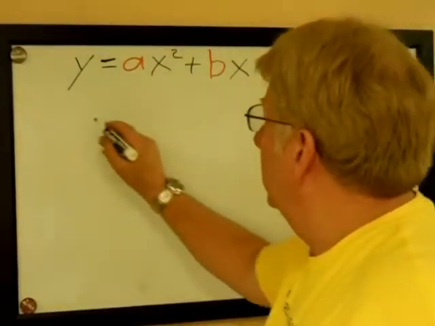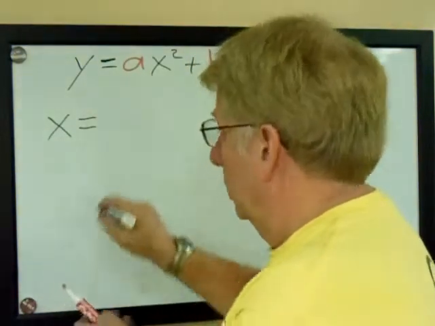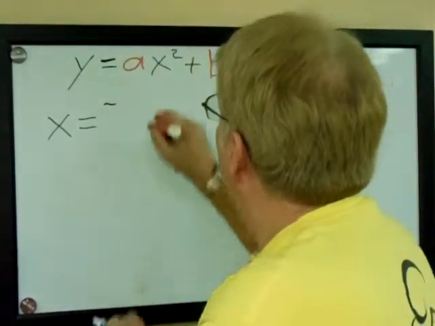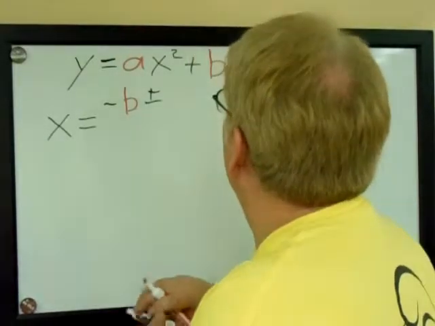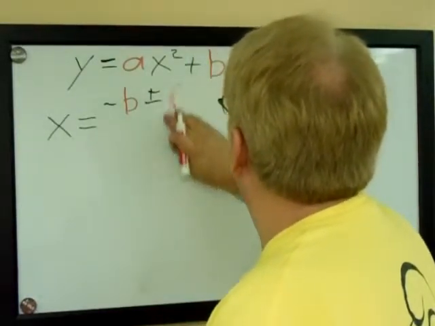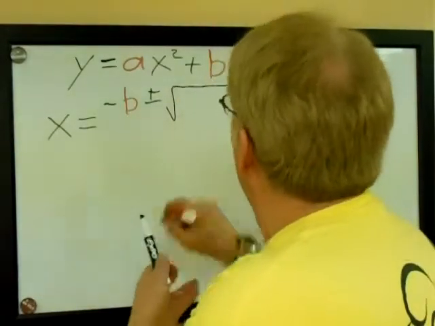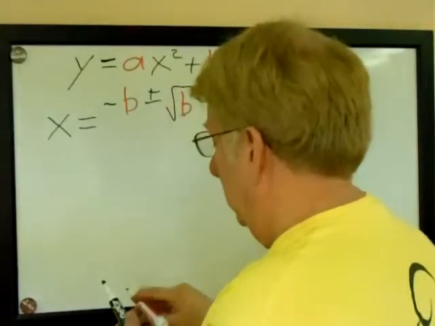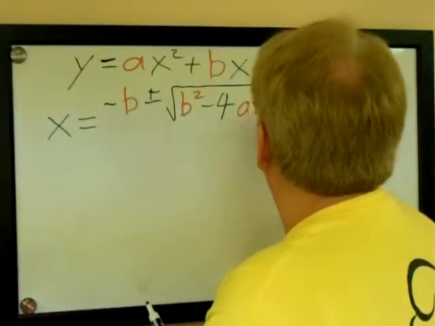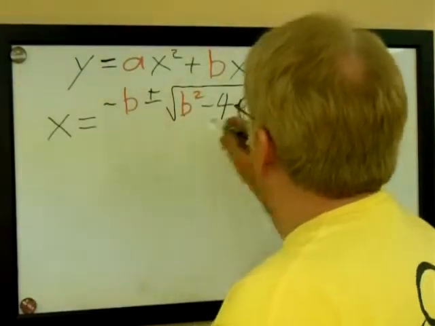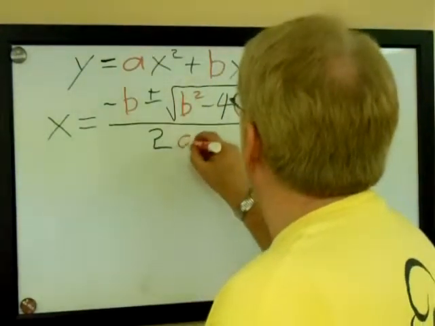The quadratic formula looks like this. X equals minus b plus minus square root of b squared minus 4 times ac, and this entire thing over 2 times the a coefficient.